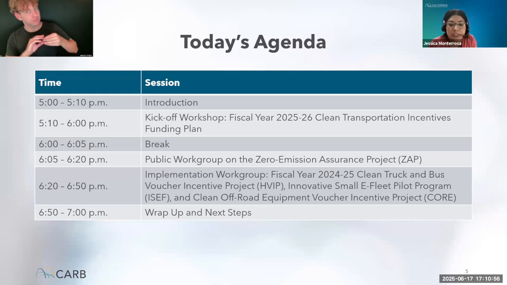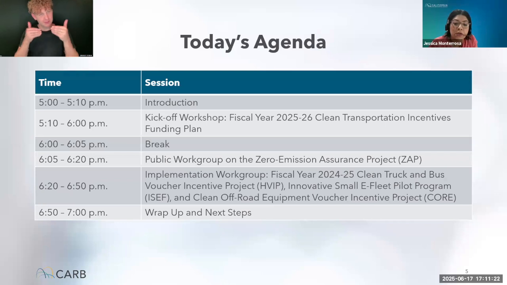Our final presentation will be a summary from a recent implementation work group, fiscal year 2024-2025, Clean Truck and Bus Voucher Incentive Project, HVIP, Innovation Small E-Fleet Program, ISEF, and Clean Off-Road Equipment Voucher Incentive Project, CORE. And these will be facilitated by project leads for each respective program, Ender Atwell, Brianna Rocha, and Nicole Hutchinson.